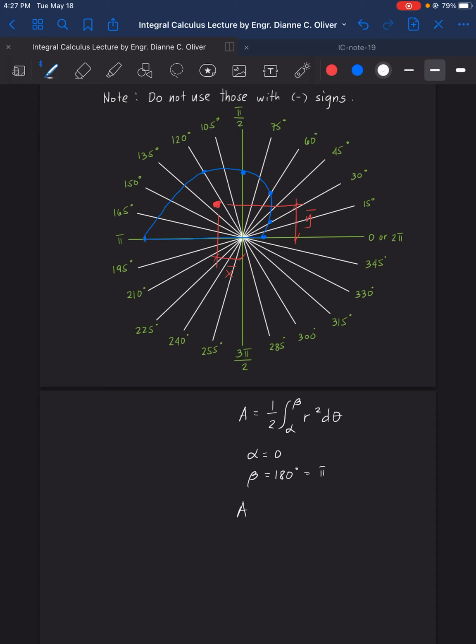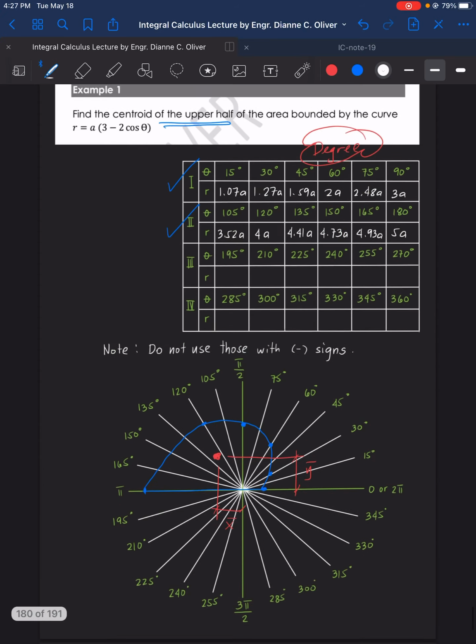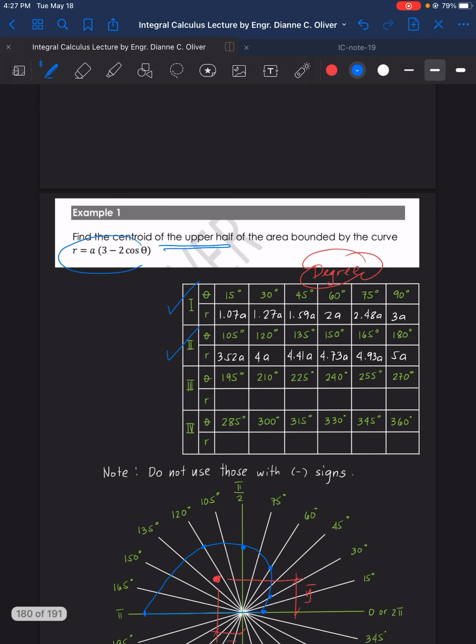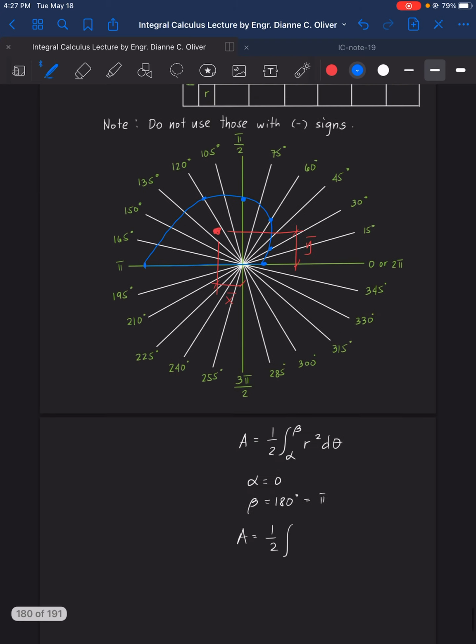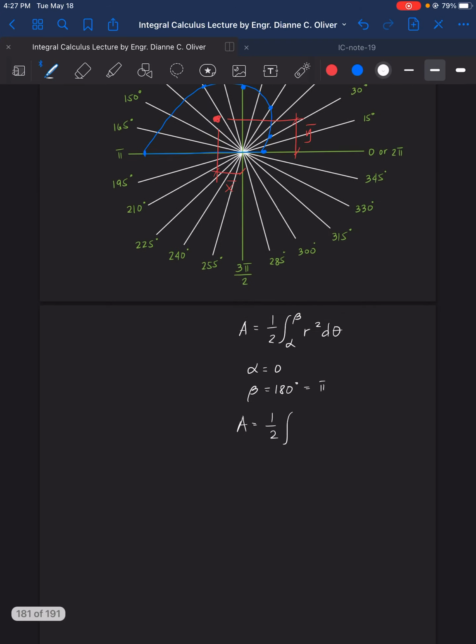So area now is equal to 1/2 integral of r squared, here is the equation, so that is a(3 minus 2 cosine theta) squared d theta. The limits are 0 to pi.